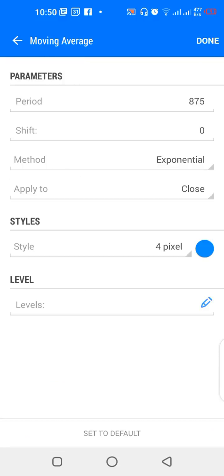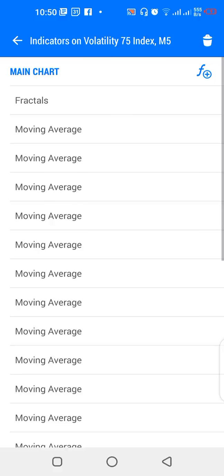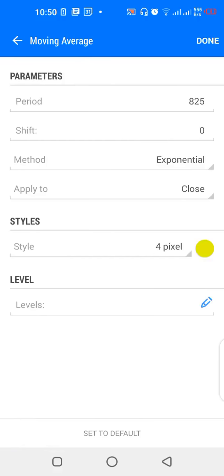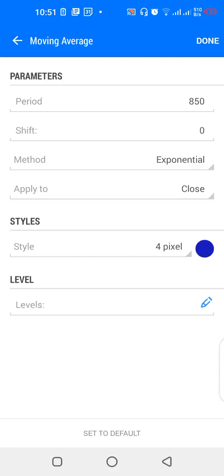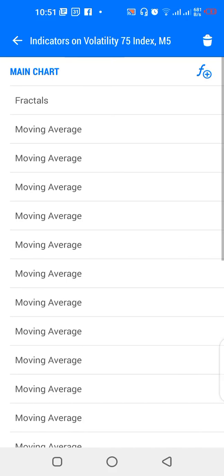So we have the 875 to be blue, the 825 to be yellow, and then we have 850. The 850 is the top, and it is blue. So the 875, 850, 825 EMAs are the trend lines I mentioned some time ago.